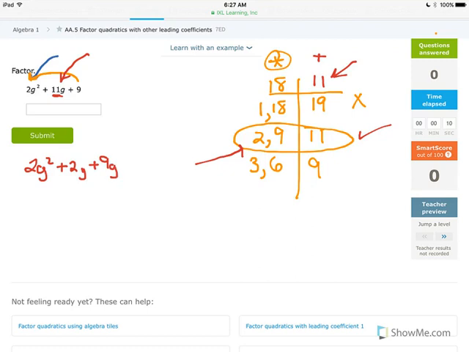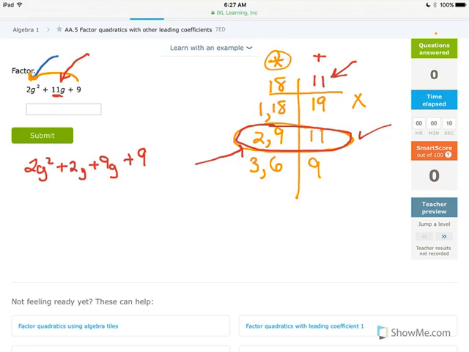So the 2g and the 9g is what created the 11g when it was being multiplied together from its factors. And then the last term is 9. So the second step in the process is once you know what the right combination is, then you want to rewrite your quadratic and split that middle term.